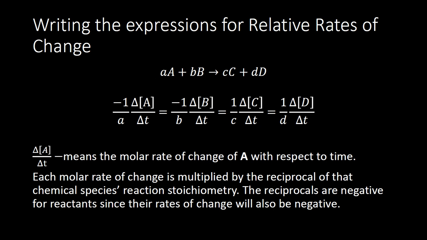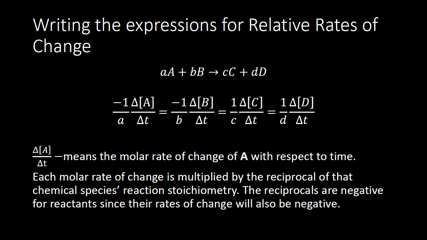So to write the rate of change for reactant A, that would be delta bracket A bracket over delta T. And then we would just write those rates for each reactant and product, A, B, C, and D. Now, the rates themselves are not equal to each other, but they're relative based off of constant factors.